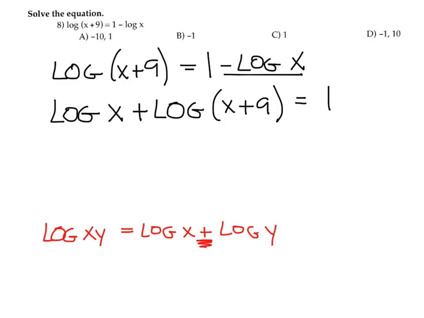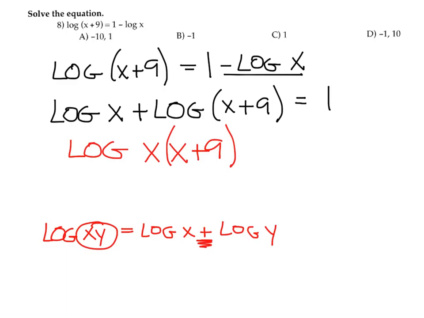If you have addition, you multiply them together. You would have 1 log, and you would have x times x plus 9, and then all of that equal to 1.